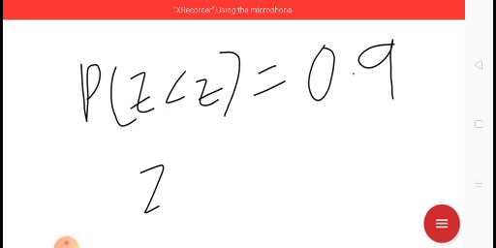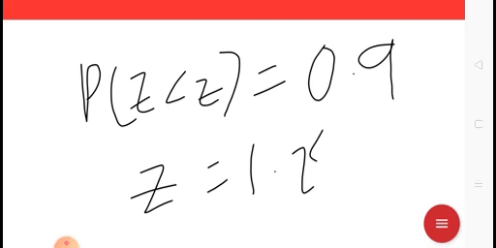Refer to the table, 0.9, you have 1.282, right? 1.282.